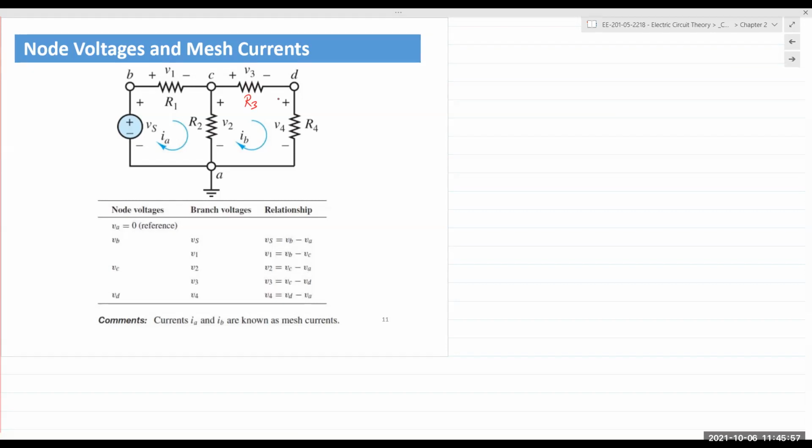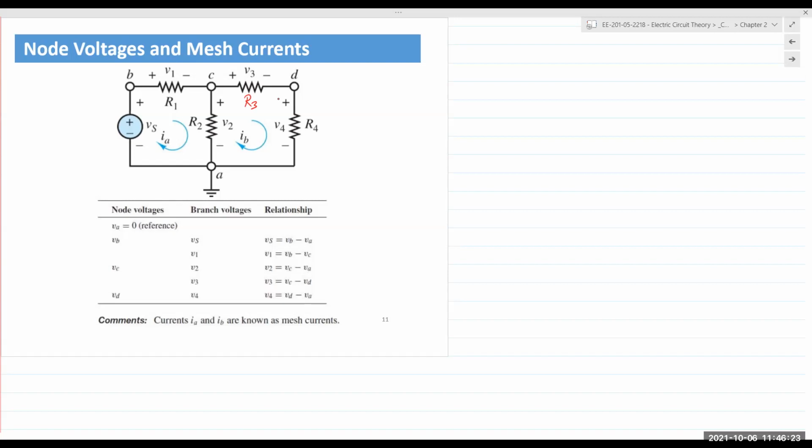Now, when we get to the technique, node voltage analysis, you will not be given the polarity. You will choose the notation, the polarity, and the current direction. Okay, branch currents. In addition, in this diagram, you see there are two currents, IA and IB, circular.